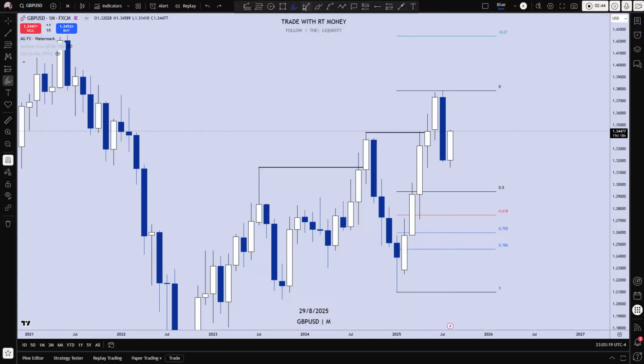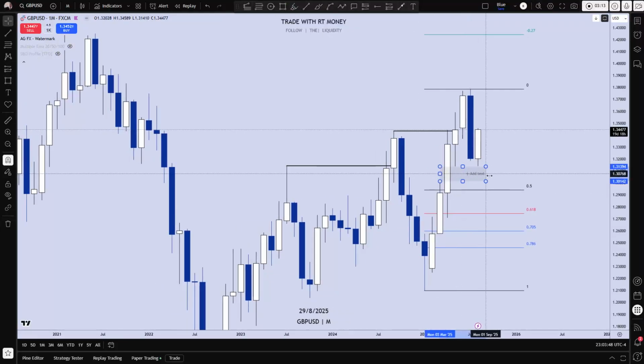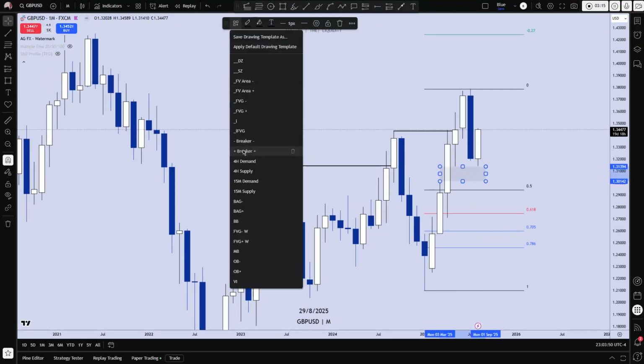Now, where in this leg of structure can we expect the market to retrace to in order to find support for higher prices? Well, I'd look for fair value gaps. We have a fair value gap here, but this one's above the equilibrium, the 50%.